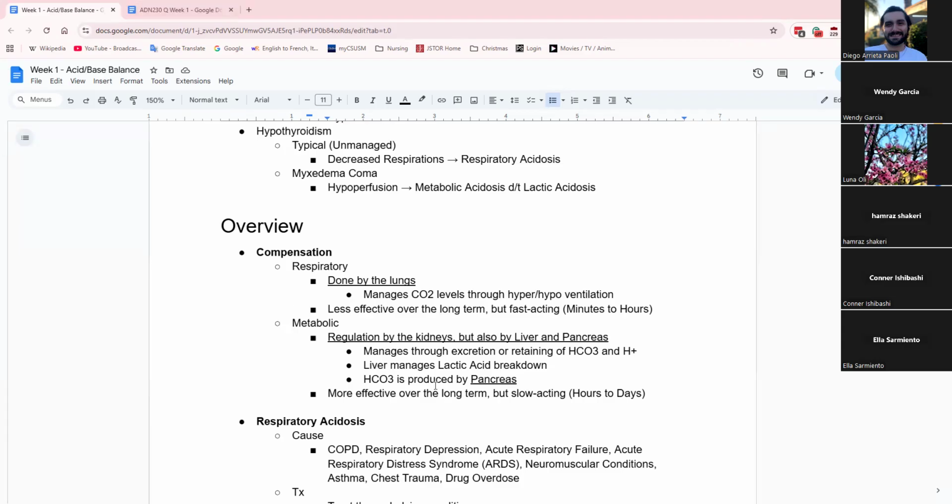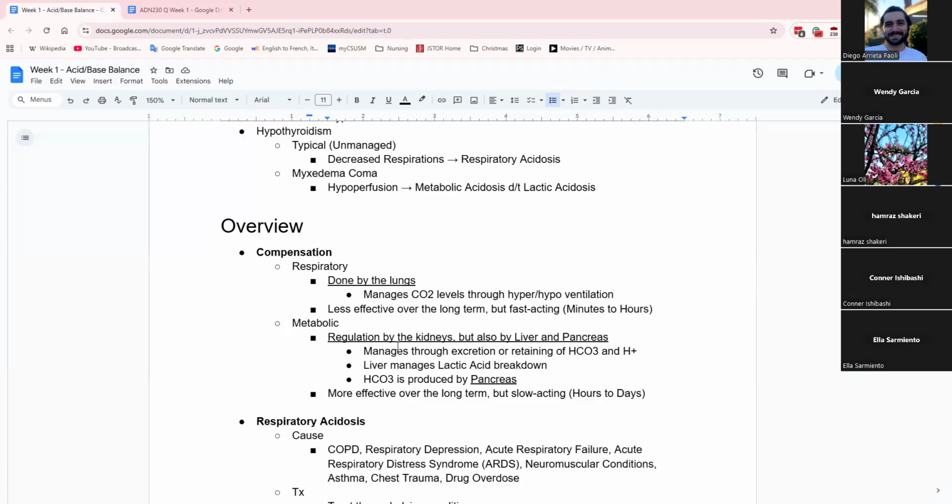While metabolic compensation is being managed mainly by the kidneys, and that is through the process of either getting rid of bicarbonate and hydrogen cations, which is the acid, you can say, or retaining that bicarbonate or retaining those positive ions.